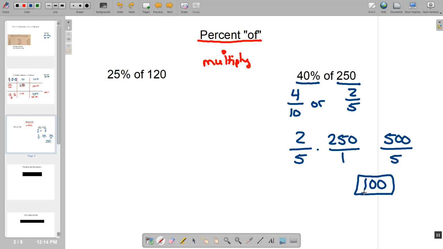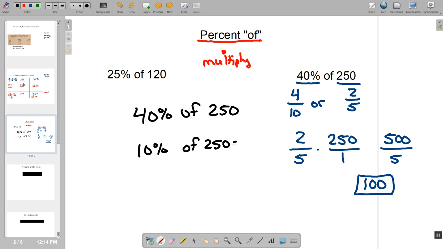You can do the decimal algorithm here, but there is one more strategy that I personally love. If I'm looking for 40% of a number, sometimes I like to think of a percentage that I could do without any actual calculation at all. For example, 10% of 250 should be equal to 25 using place value strategies.